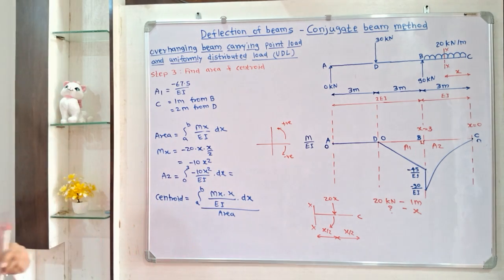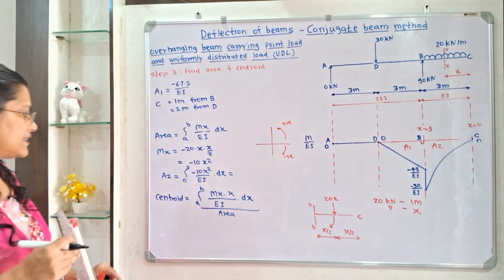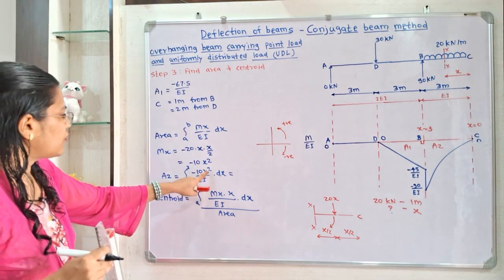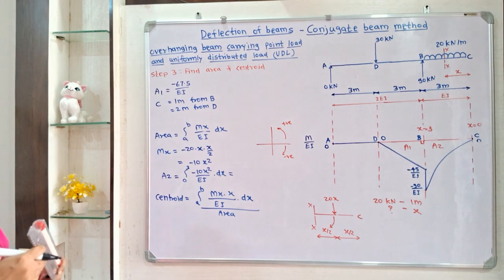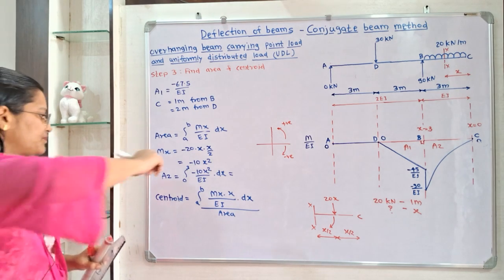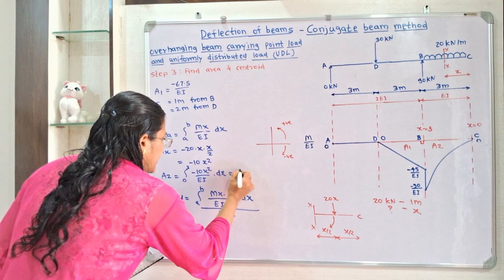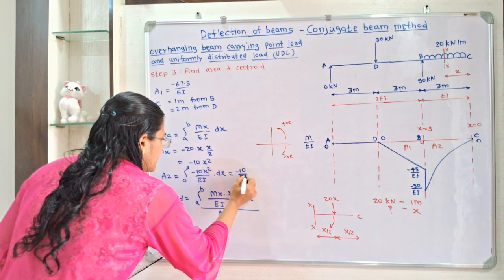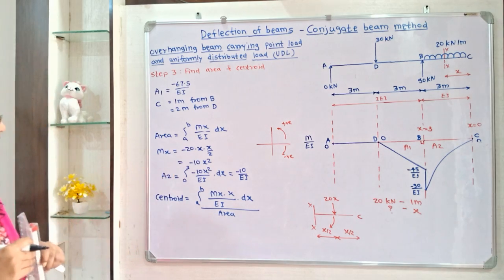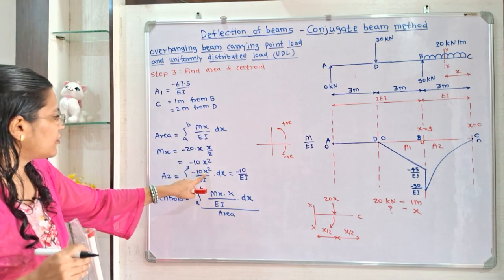So how to solve this? We have to take the integration of x square. I will take minus 10 by EI outside the integration. Now integration of x square.